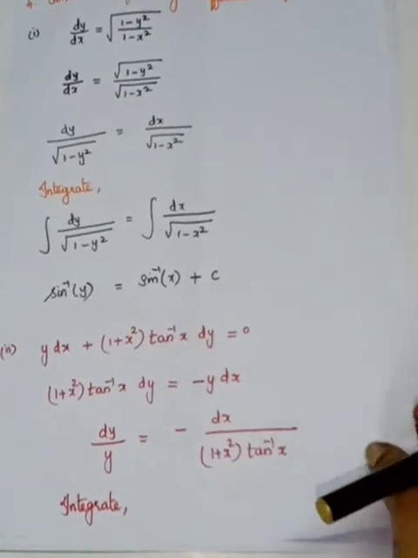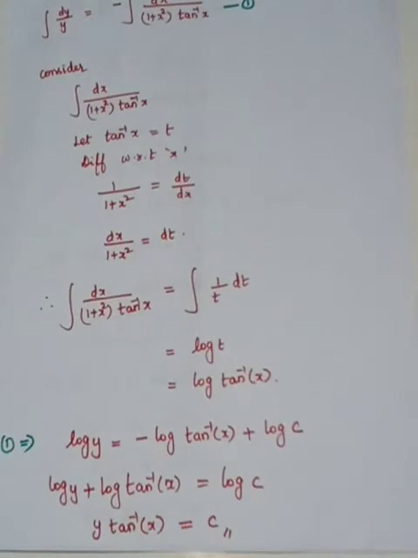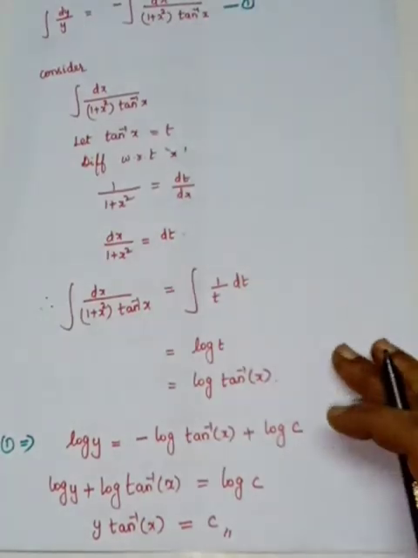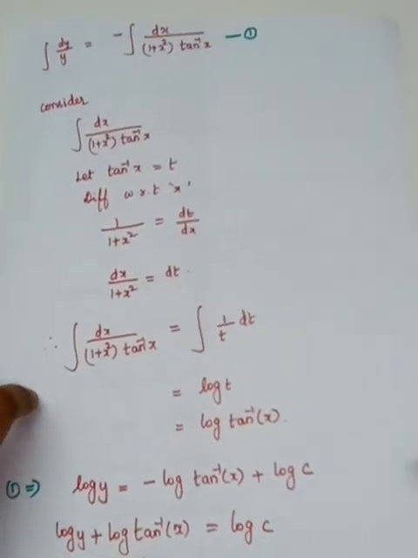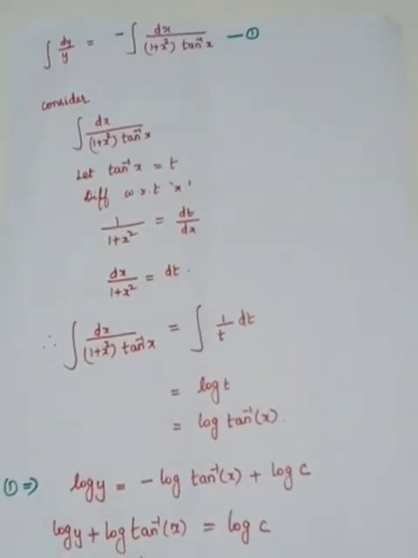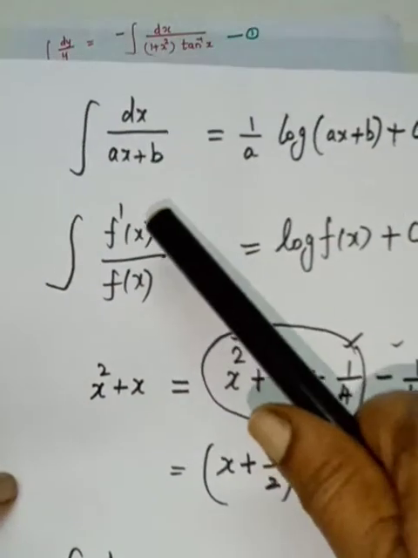So if you integrate, as I have already told, if you can identify this, that is dx divided by (1 plus x squared) into tan inverse of x. If you consider tan inverse of x as f of x, what is the differentiation of tan inverse of x? That is 1 by 1 plus x squared. So it is in the form of integral f dash of x by f of x.